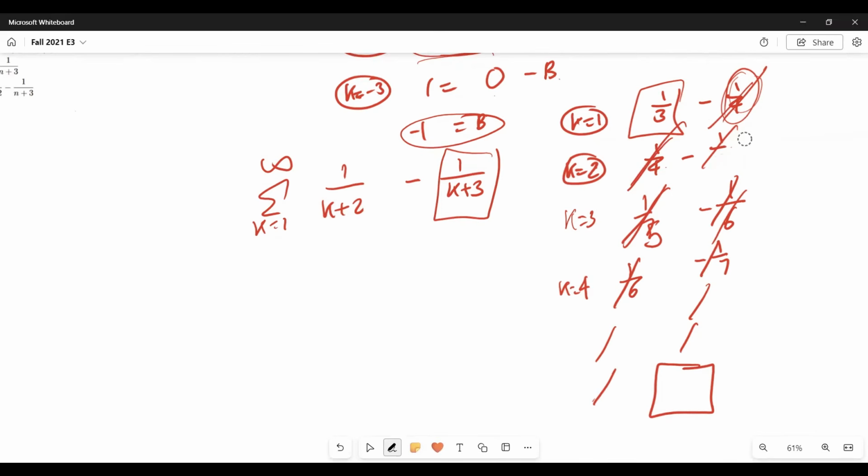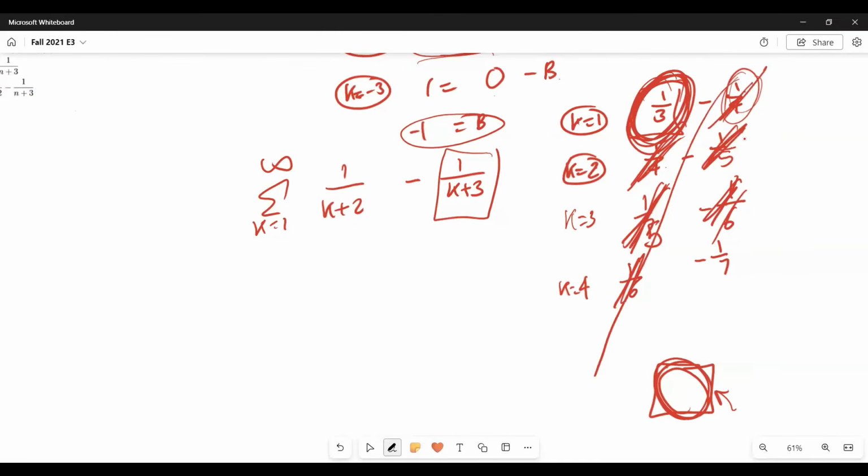This part will be cancelled out, this part will be cancelled out, this part will be cancelled out. So if you do the nth term, the terms that would not be cancelled out would be the first term, 1 over 3, and the very last term, minus 1 over k plus 3.